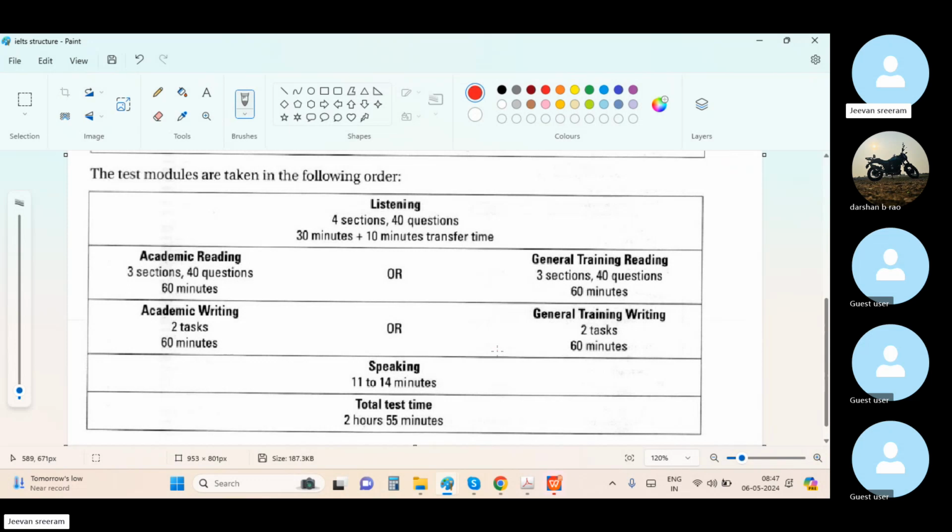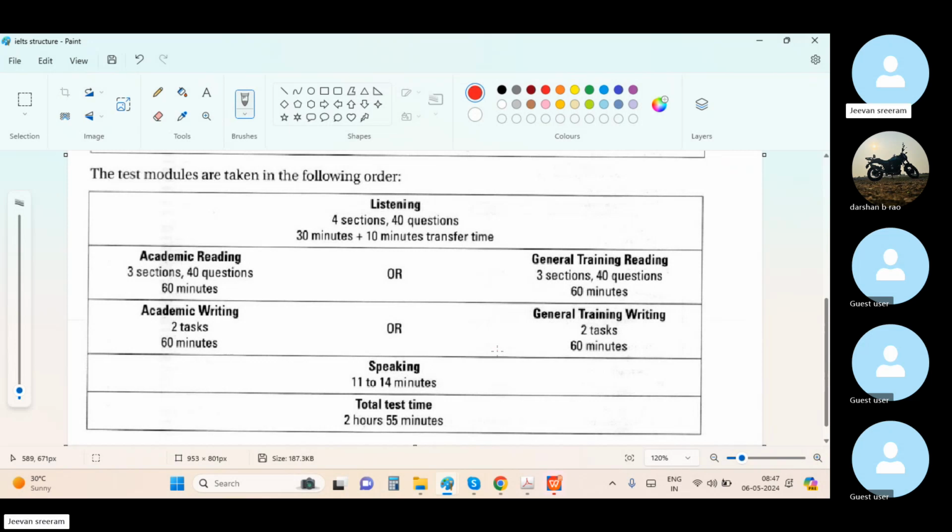So the clear, major difference you can see is in writing task 1. Writing task 1 academic is report writing. You come across a line graph, bar chart, mixed graph, maps, processes.